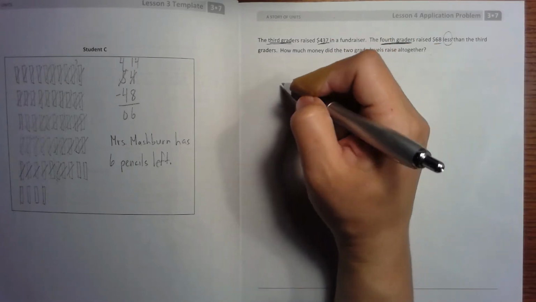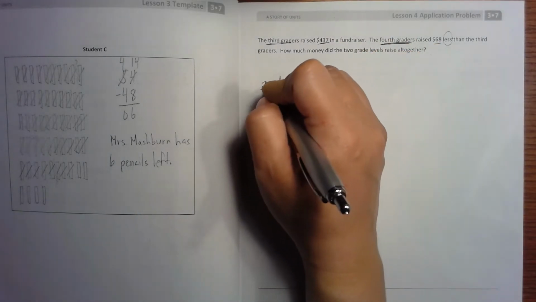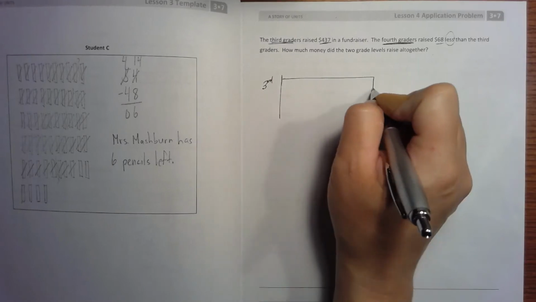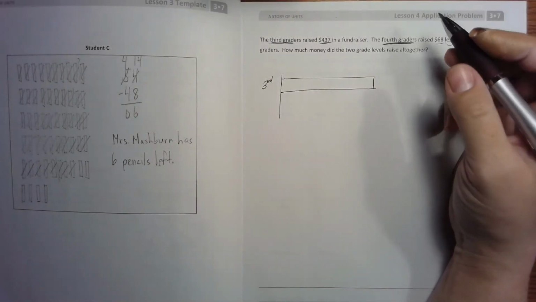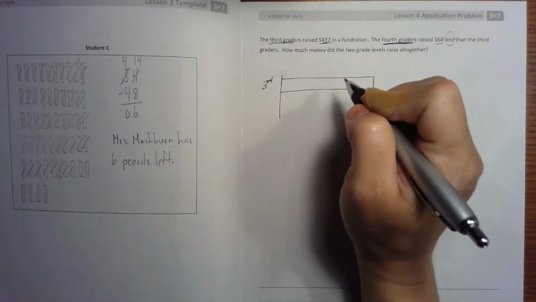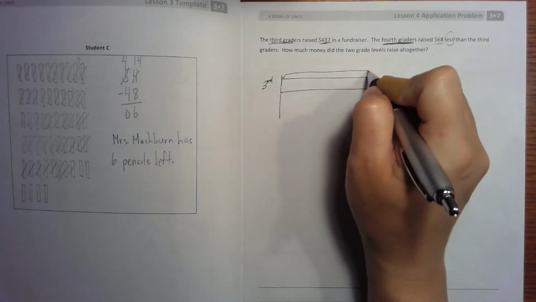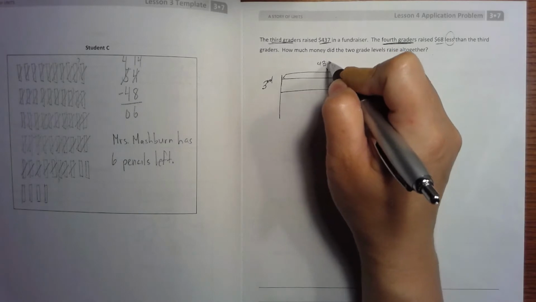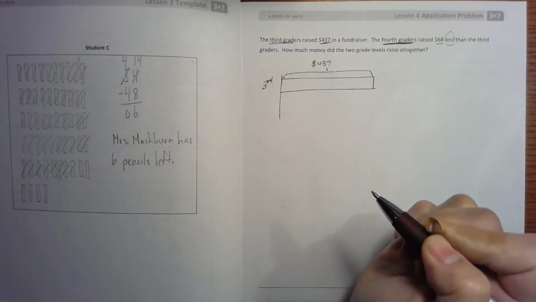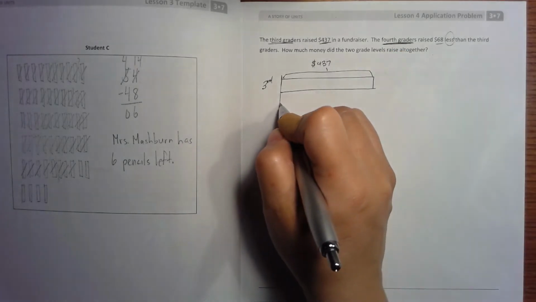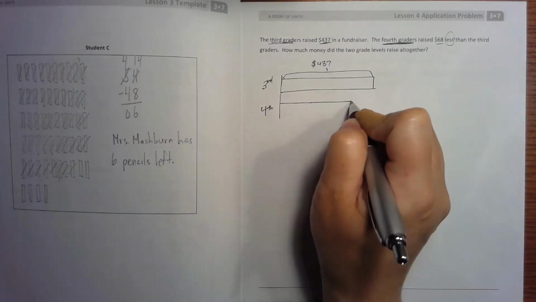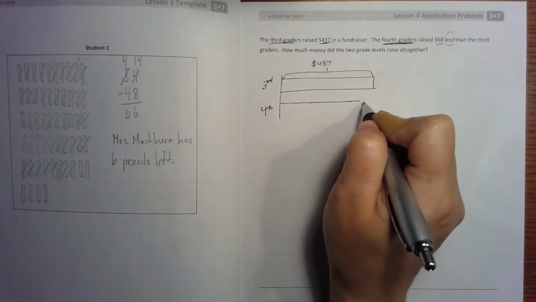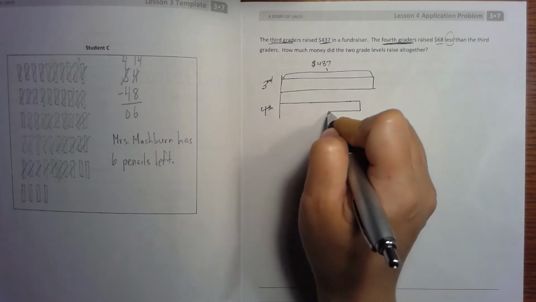And I'm going to draw. So I'm going to make just a really quick diagram. So the third graders raised $437. And the fourth graders raised, I'll call them fourth. The fourth graders raised, well, we don't know how much. I don't exactly know where to stop this line.